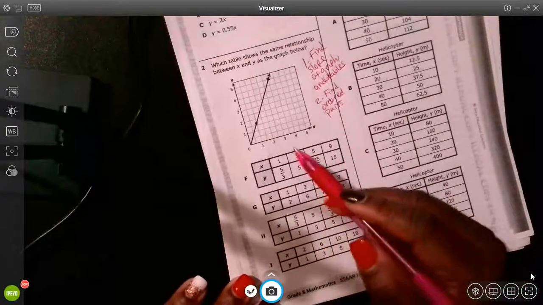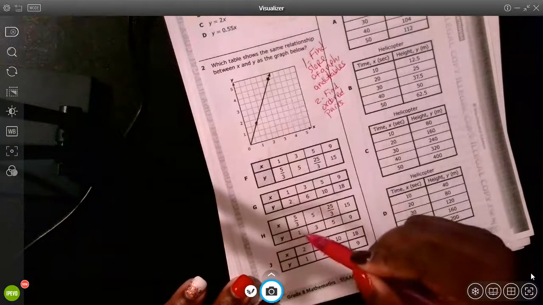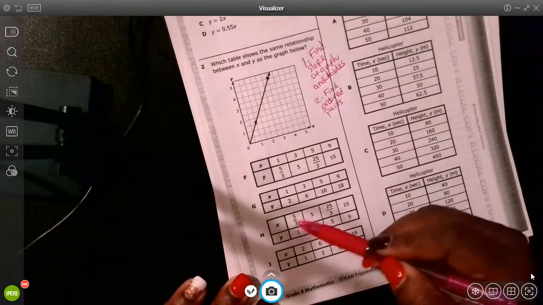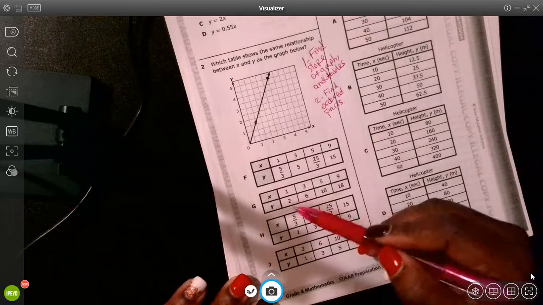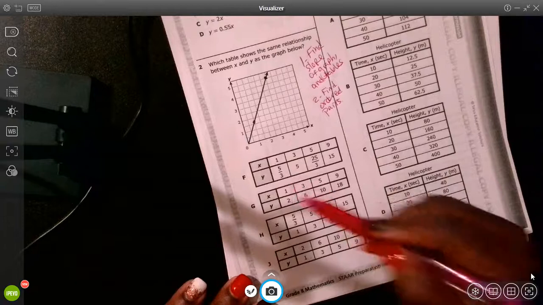For example, there's a 3/2. Well, this one doesn't have it for x being 1, but these have it for x being 1. So I can check to see if one of these will work.